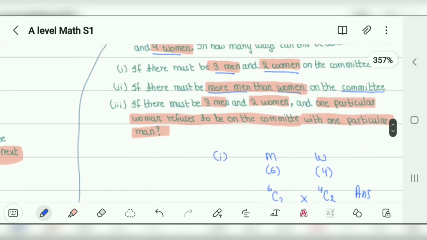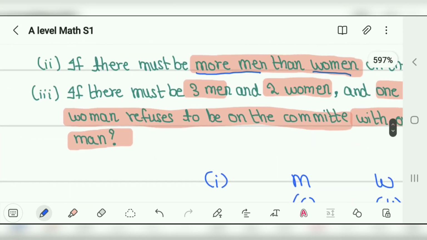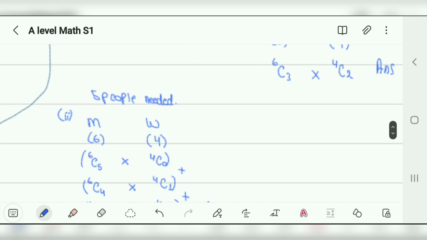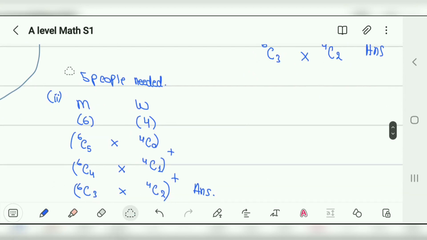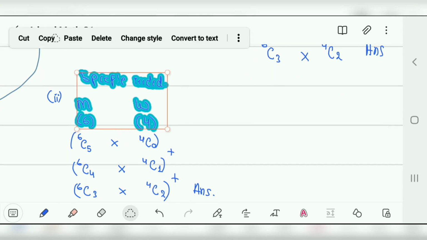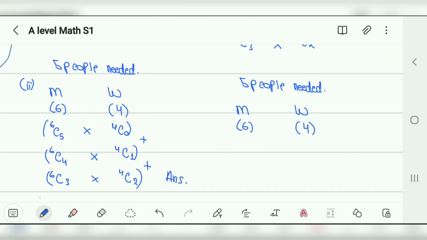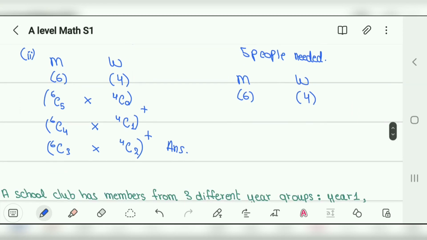Now the third part. There must be 3 men and 2 women, and one particular man refuses to be on the committee with one particular woman. Okay, let's see this. So it's saying that there must be 3 men and 2 women.